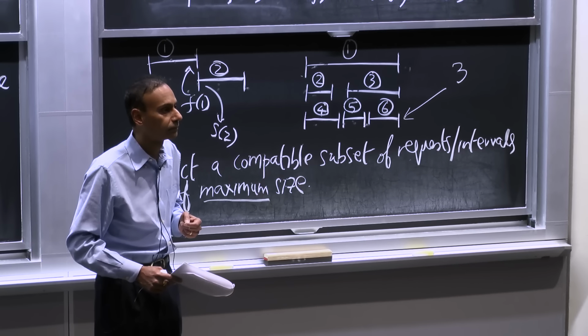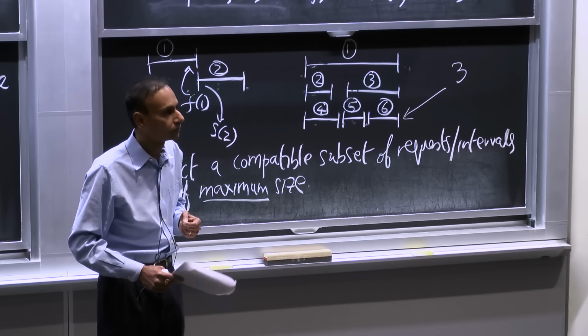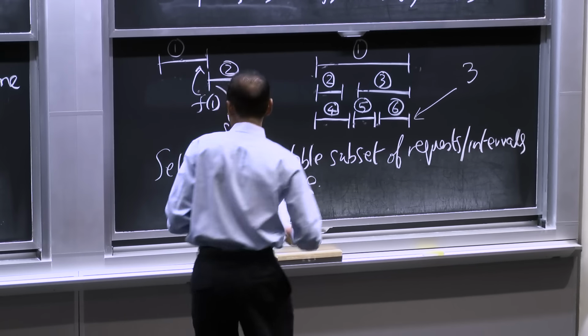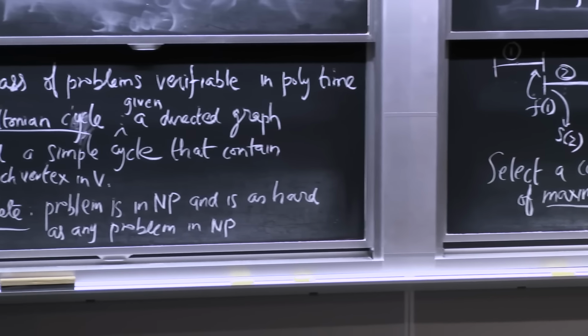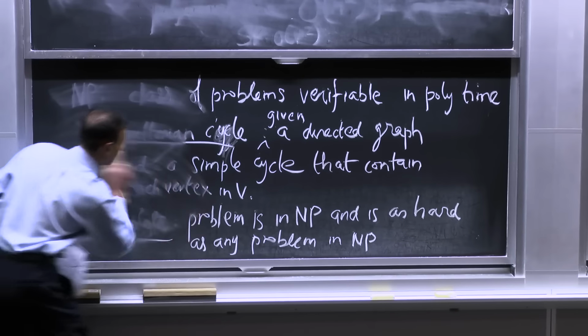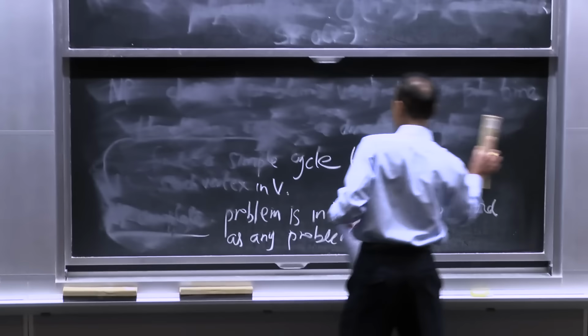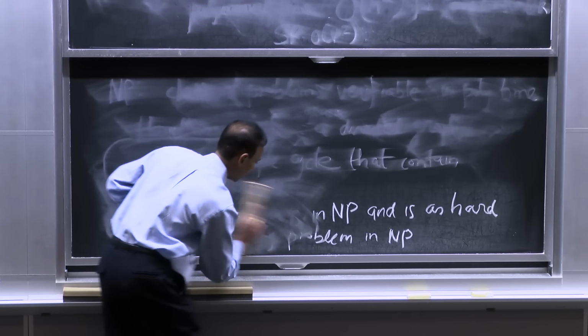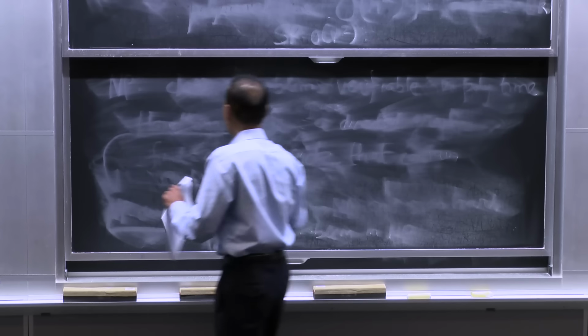Let's say you have 2 requests which don't overlap, and then there's one right in the middle. Exactly right. Yep. So pictorially, you can look at this, and you can actually figure out whether your heuristic works or not.